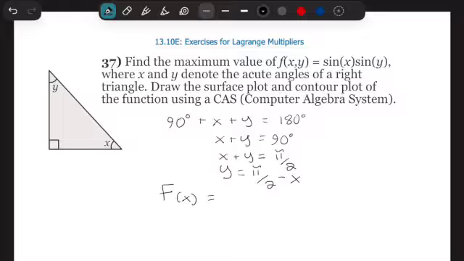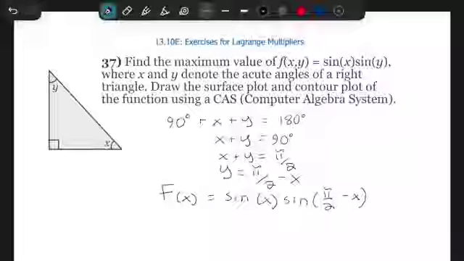So f of x equals sine x sine of pi over 2 minus x. Now we can simplify this. So sine of pi over 2 minus x, that's a phase shift, so that actually just equals cosine x.